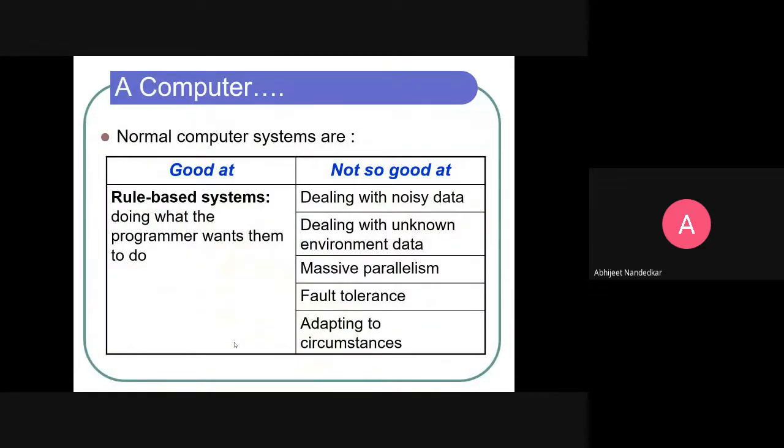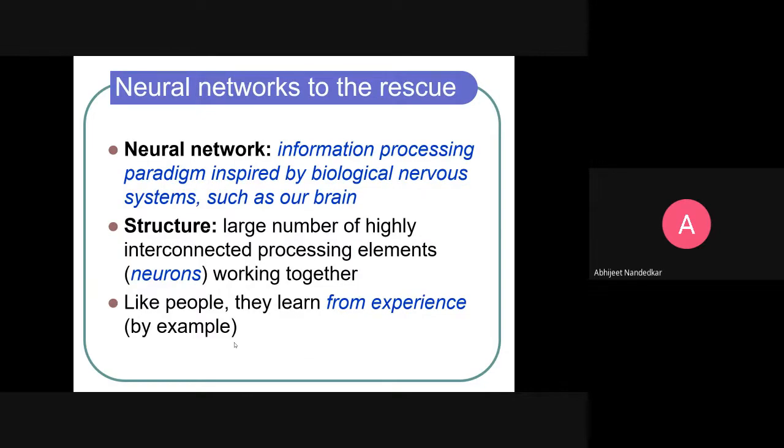Now, normal computer systems are good at rule-based working, that is, do what the programmer wants them to do, and not so good at dealing with noisy data, dealing with unknown environment data, massive parallelism, then fault tolerance, adapting to circumstances. Now, the neural network is to our rescue, an information processing paradigm inspired by biological nervous systems such as our brain.